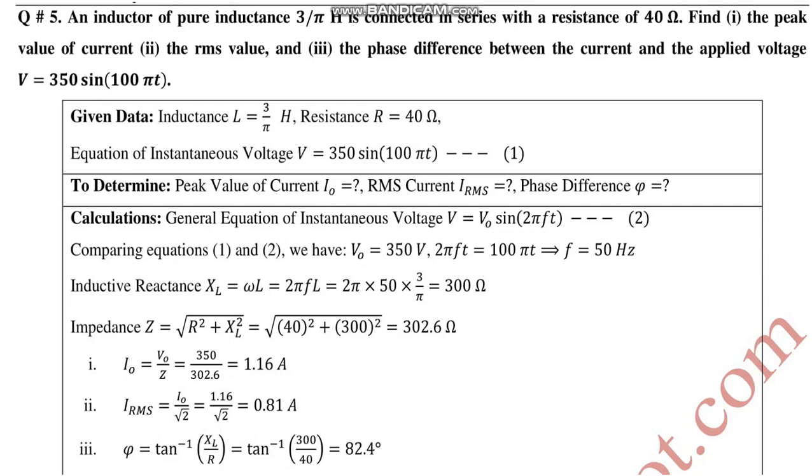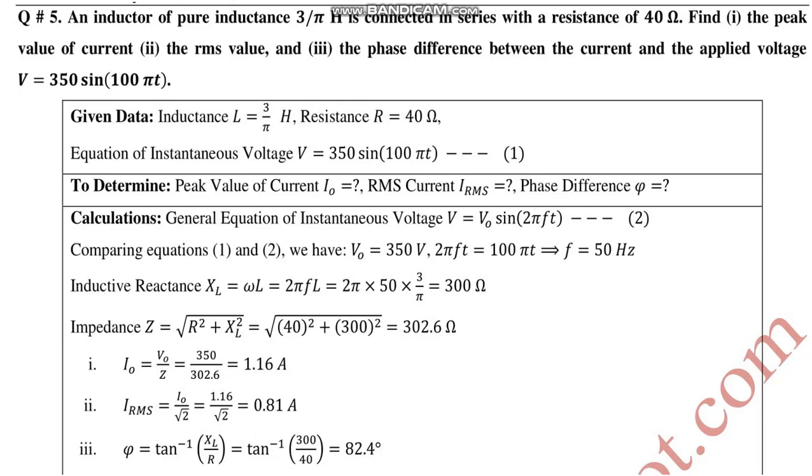We require three things. First, the peak value of the current. Second, the RMS value. And third, the phase difference phi. So calculation. General equation of instantaneous voltage V is equal to V naught sine 2 pi ft.